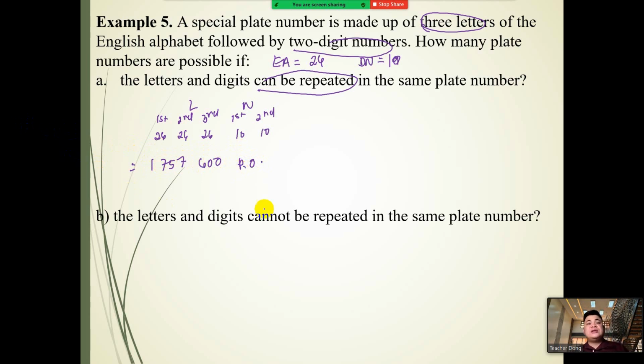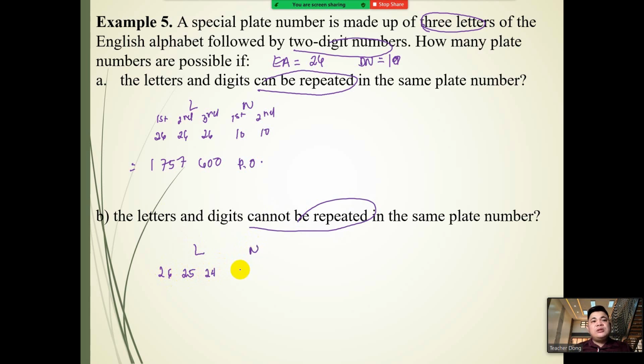How about for letter B? The letters and digits cannot be repeated. For the letters, if we have used one in the first letter, we're not allowed to use the chosen letter again. So for the second letter, we only have 25 choices. And then for the third letter, we only have 24 choices.